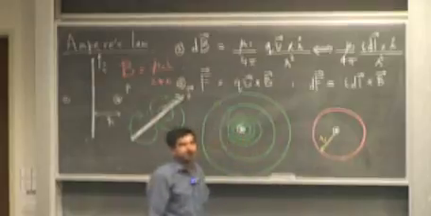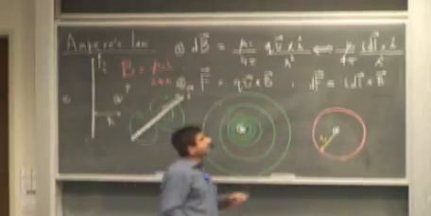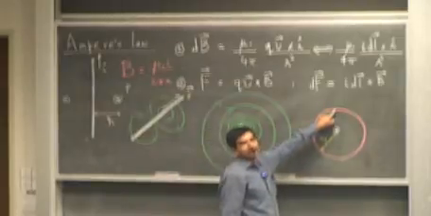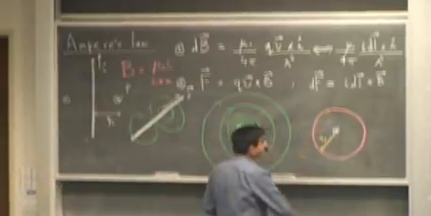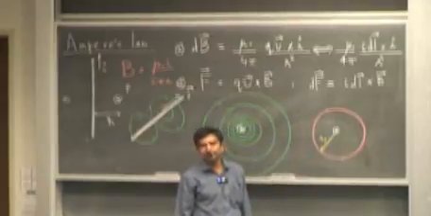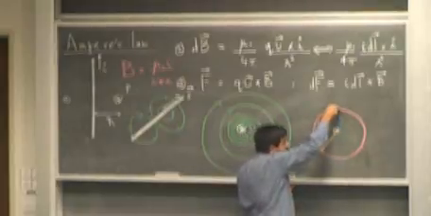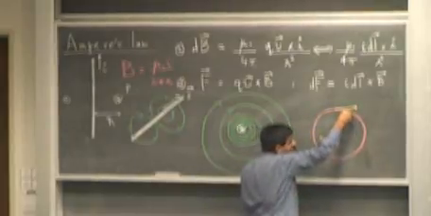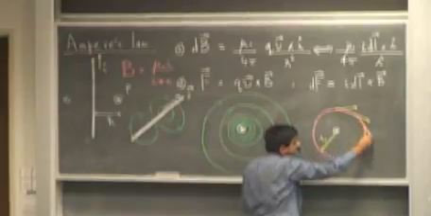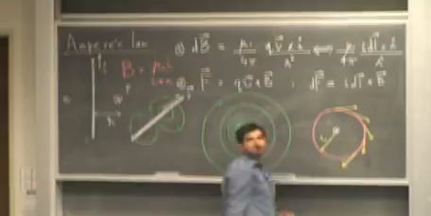Now what I would like to do, I would like to be at this point. The magnetic field at this point, of course, is tangent to the circle, isn't it? So if I draw the magnetic field at this point, the magnetic field is like this. Here the magnetic field is like this. Here it's like this. So at each point it's tangent to the circle.